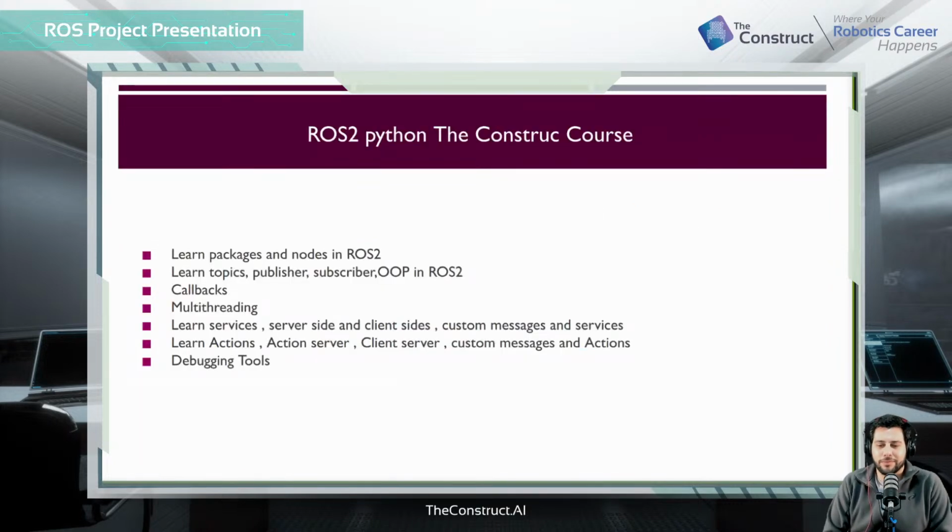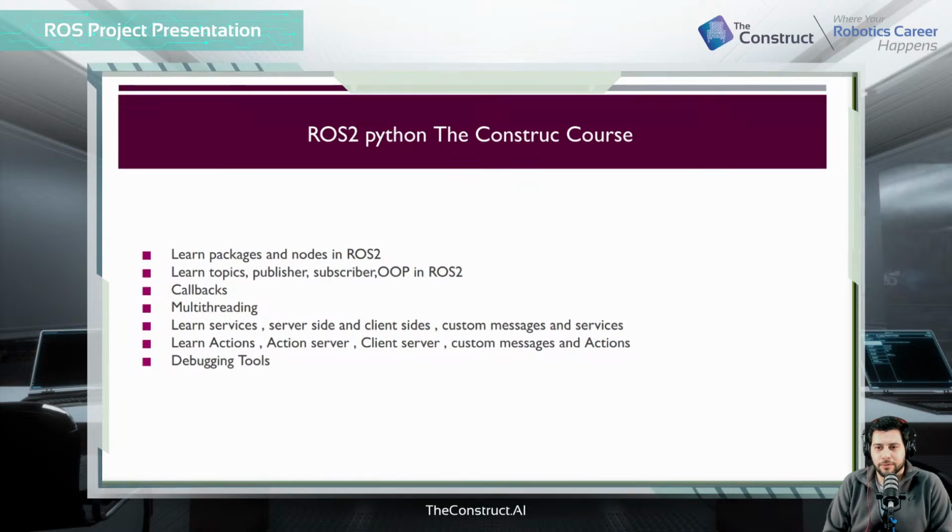In this ROS Python course, we learn a lot of amazing things. As before, like the C++ course, we first learn about packages and nodes in ROS. After that, we learn how to create a publisher and subscriber in an object-oriented way, which is very efficient and a very good way for developing ROS software.